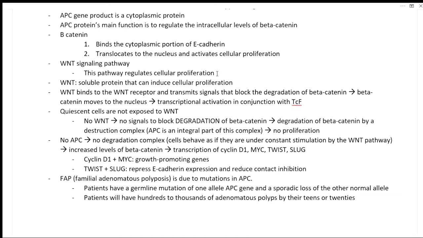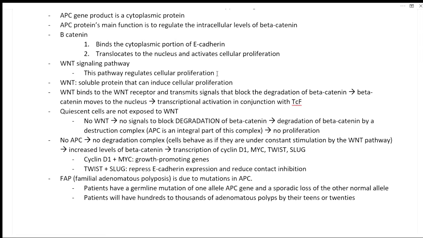Cells that aren't really dividing much are not exposed to WNT. So lack of WNT leads to a lack of signals that block the degradation. If we have no signals that block degradation, we end up getting more degradation.